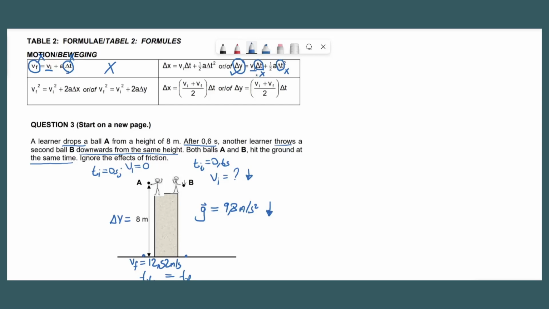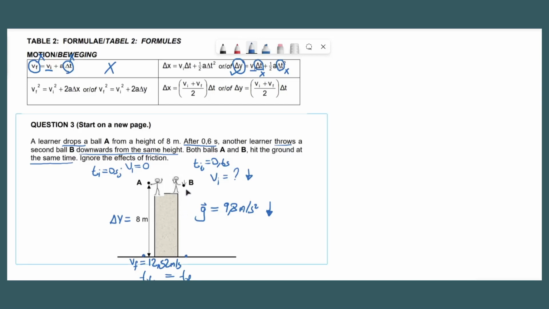But this is obviously a much better option compared to the first equation. And perhaps we can actually use the information we have and solve for the change in time of ball B so that we can then be able to use this equation to find its initial velocity. And so let's see if we have got enough information to do that.